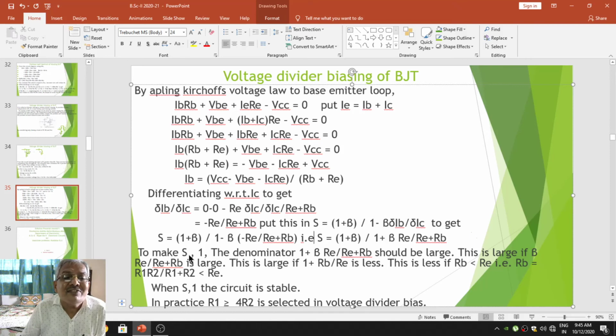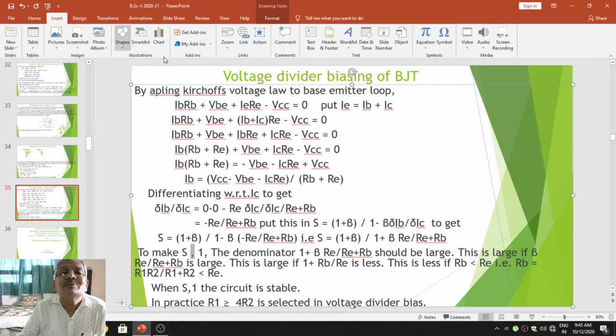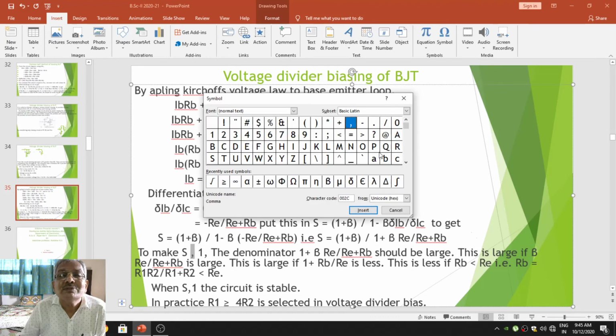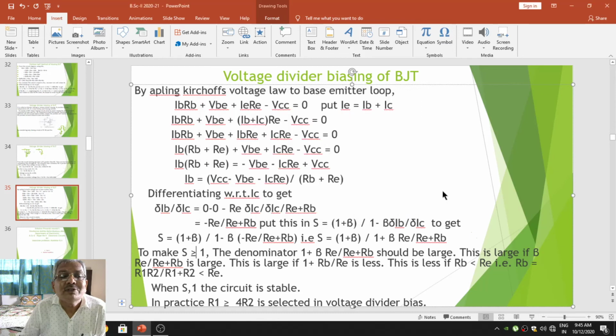To make S greater than or equal to 1, the denominator 1 plus beta into RE upon RE plus RB should be large. Means this factor should be large.